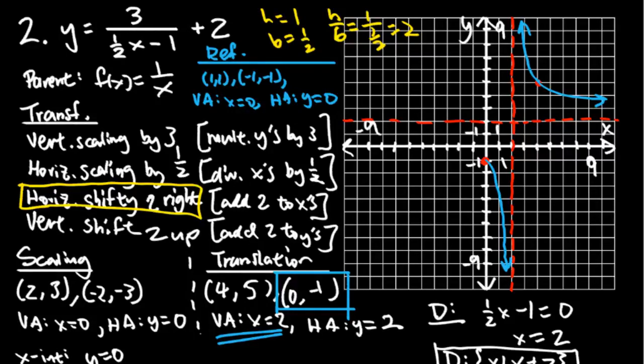So let's just do that out as much as possible. So 3 over 1/2 x minus 1, plus 2 equals 0, so that'll be equals -2. And then we can just multiply 1/2 x minus 1 to both sides.